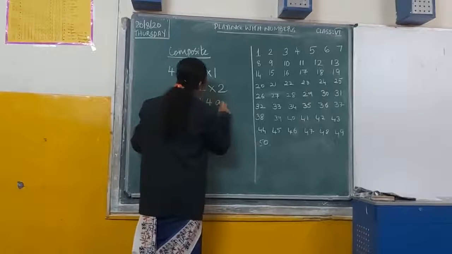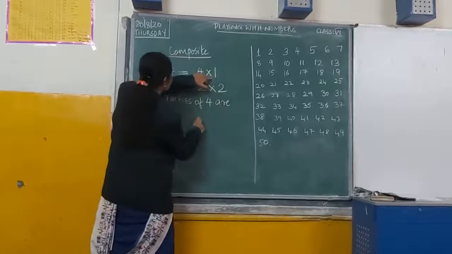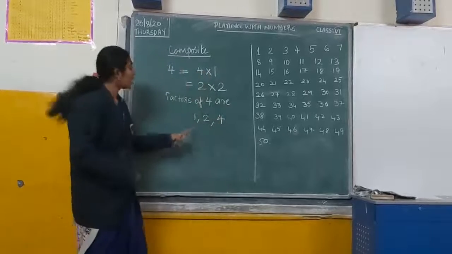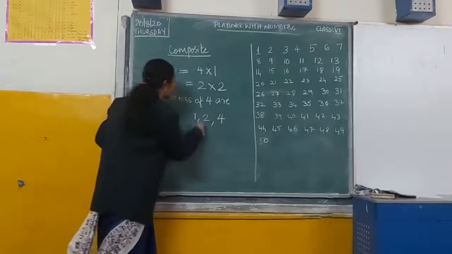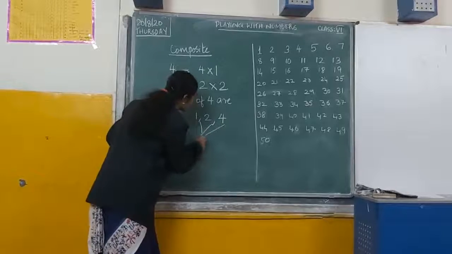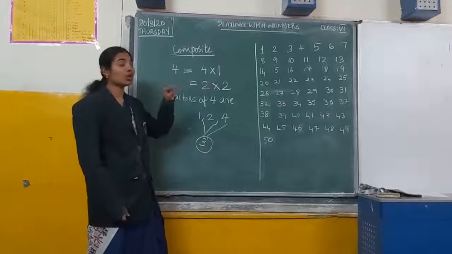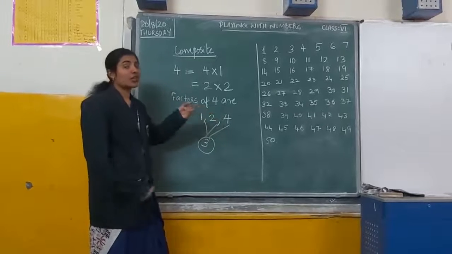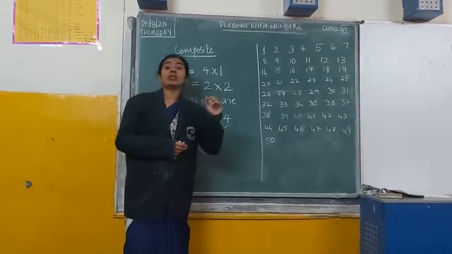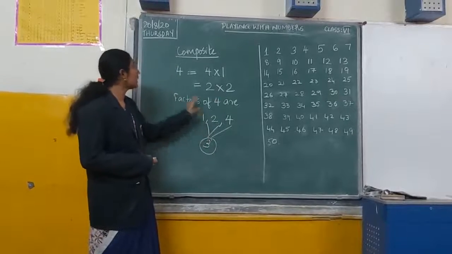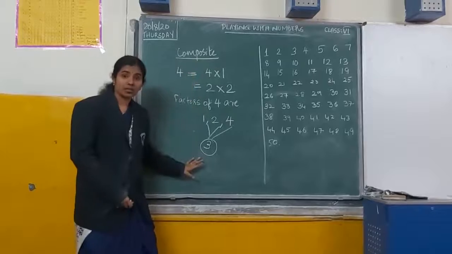Factors of 4 are 1, 2 and 4. Total how many factors are there? 1, 2, 3. Total 3 factors. That means this number has more than 2 factors, isn't it? So when you are given one number, if it has more than 2 factors, then it is a composite number.